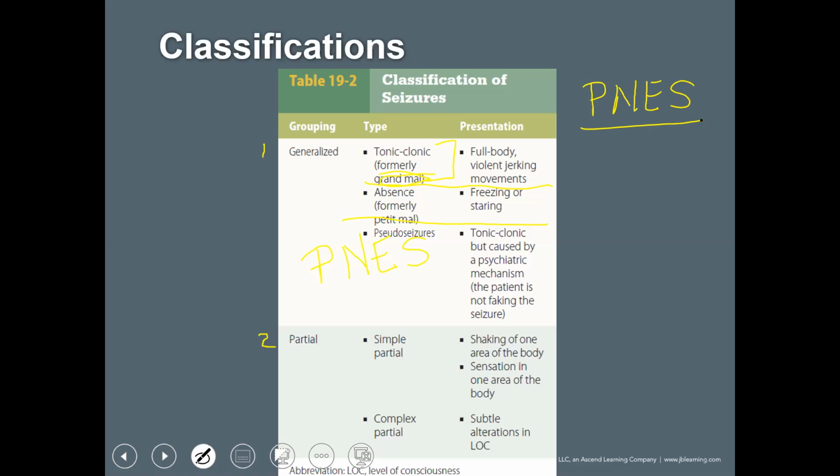That's not what psychogenic non-epileptic seizures are. They're actually caused by a psychiatric condition, and if that finally is figured out, once they deal with those issues, usually their symptoms go away, but they can look like they're having a complete huge seizure.